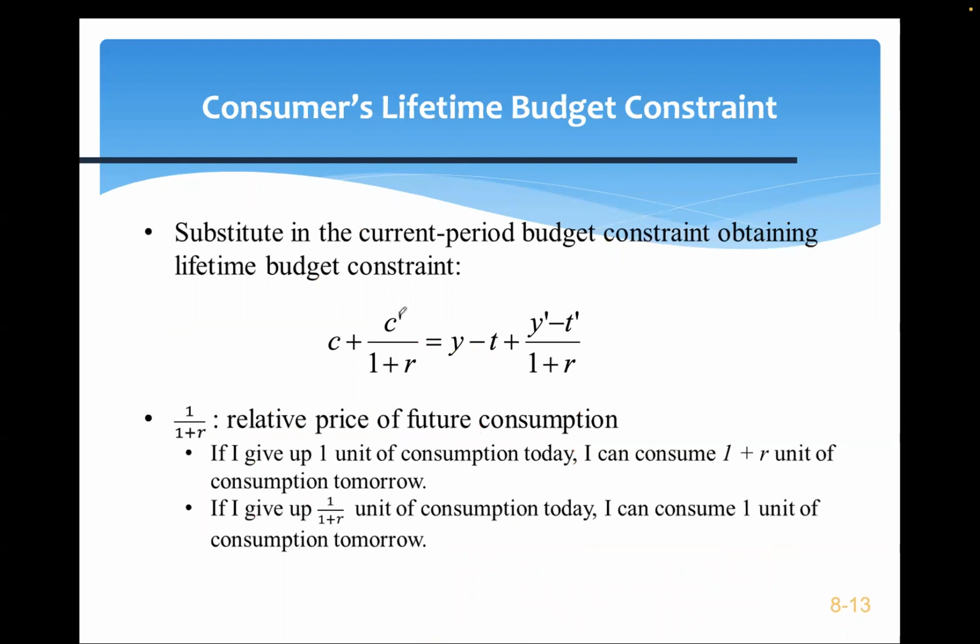Okay, but let's see how we interpret this equation. The key to understanding this equation is to understand this term, 1 over 1 plus R. This is the relative price of future consumption. How do we understand that?